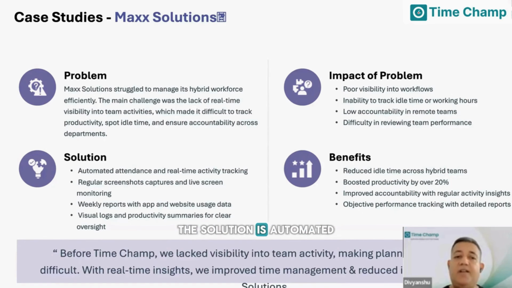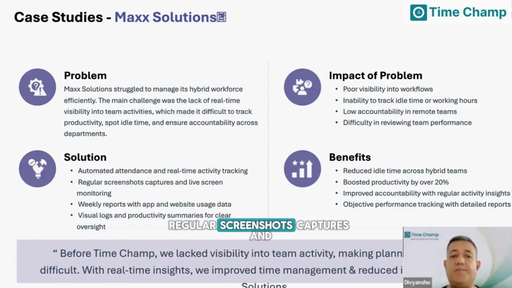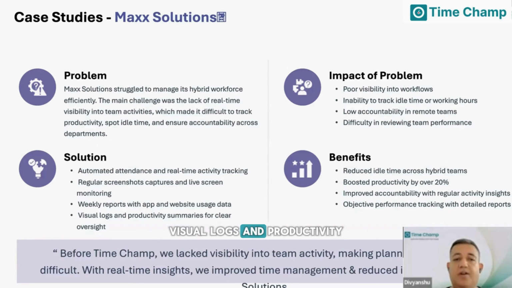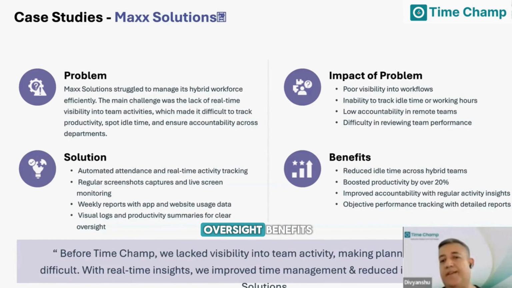Now, what was the solution that TimeChamp gave? The solution is automated attendance and real time activity tracking, regular screenshot captures, and live screen monitoring, weekly reports with application and website usage data, visual logs, and productivity summaries for clear oversight.